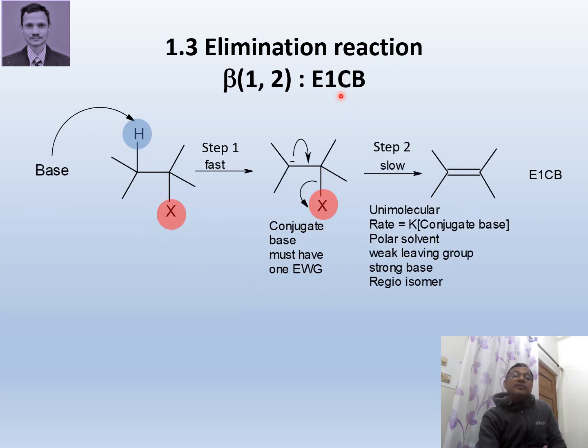Similarly, E1CB: in presence of base, the proton is removed in the first step, so it is a fast process, and a carbanion is generated, which later on replaces this leaving group to generate the olefin compound.